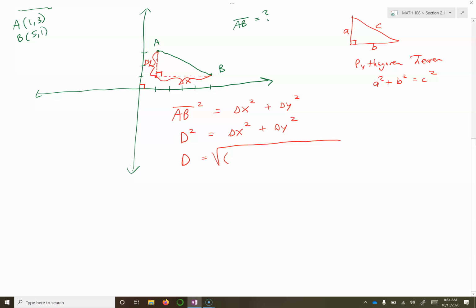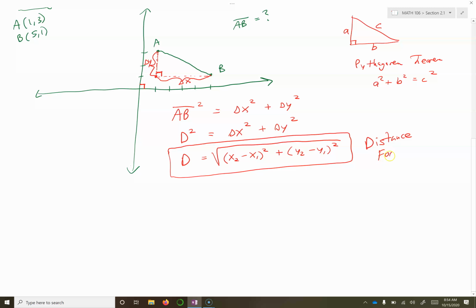So remember, delta x is just going to be the second x coordinate minus the first x coordinate, squared. And then we'll add to it the delta y definition, which would be y2 minus y1 squared. So that's it. We have what we call the distance formula. And this is used to find the distance between any 2 points on the Cartesian coordinate system.